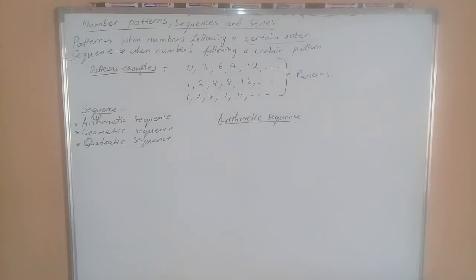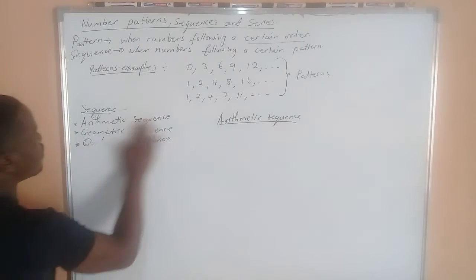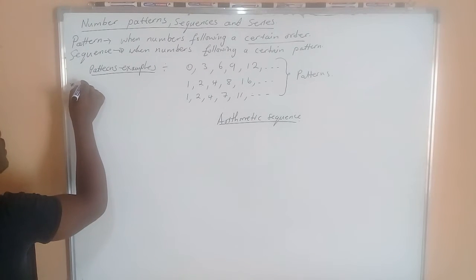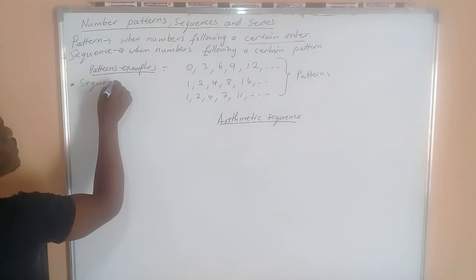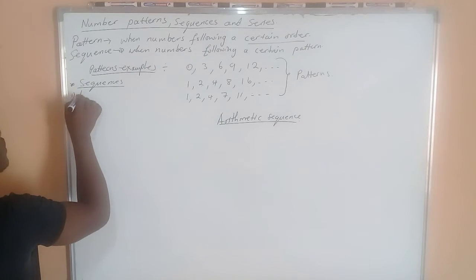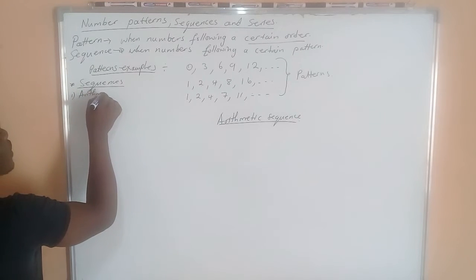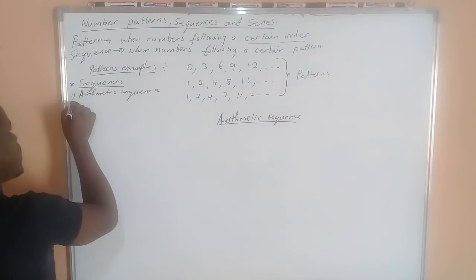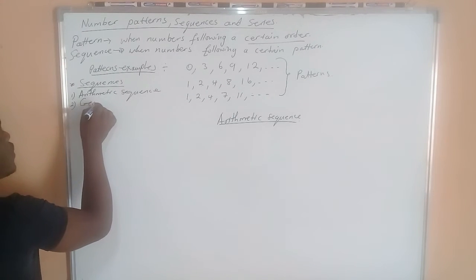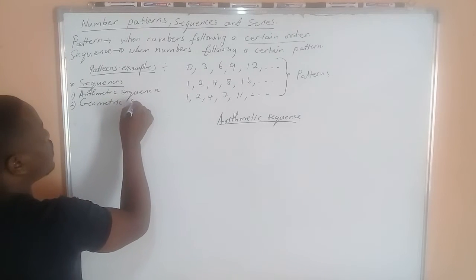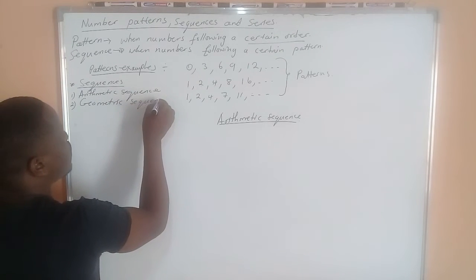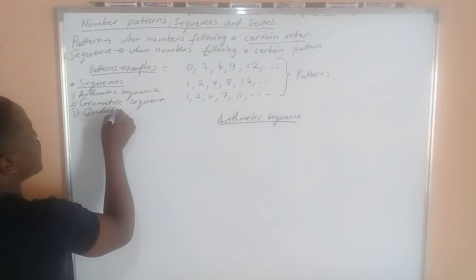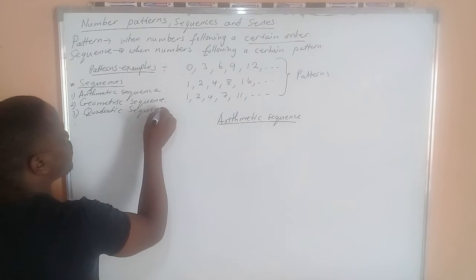Alright, so let's start by defining an arithmetic sequence. Okay? Let me write this here. Sequences. We have one, arithmetic sequence, and two, we have geometric sequence, then three, we have quadratic sequence.